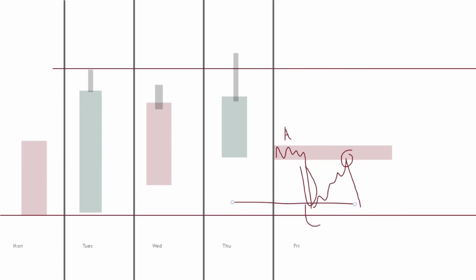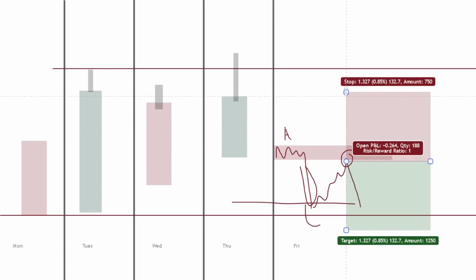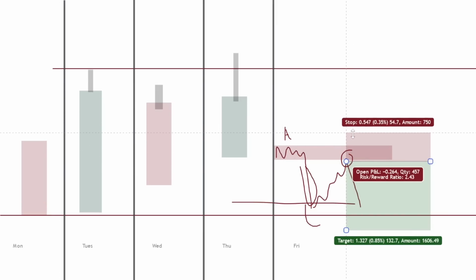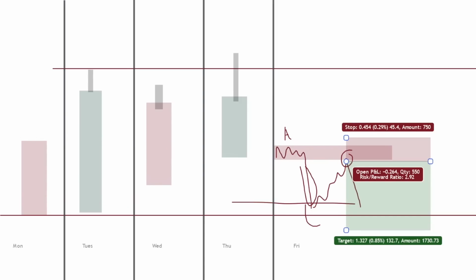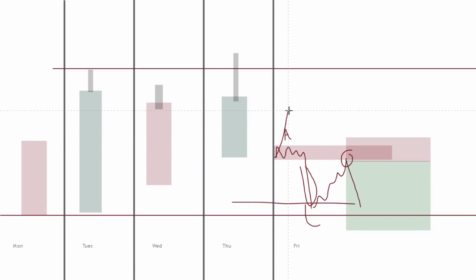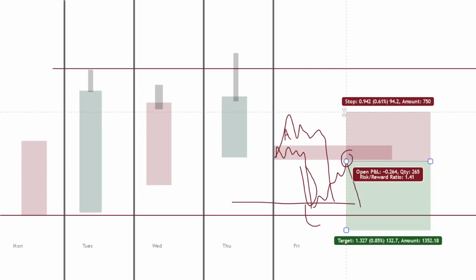And where would your stop loss be? Well, your stop loss, if your entry is right here, your stop loss would be where the daily high, so the current day high, so your Friday's daily high. So if price opened up right here and then gave you a base lower and then dropped, then your stop loss would be right here. It's above the current day high.